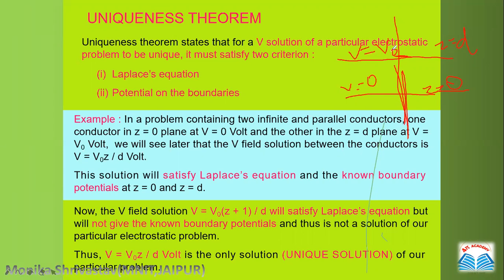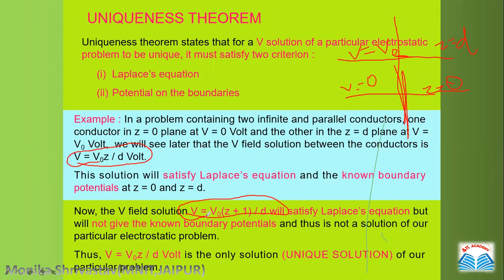So for the z equals 0 plane, one solution will be like this, V equals V0 Z over D. And for the z equals d plane, where V is equal to V0, we will get a V field solution like this. So we are getting two solutions. Now we have to find the unique solution to satisfy our uniqueness theorem.